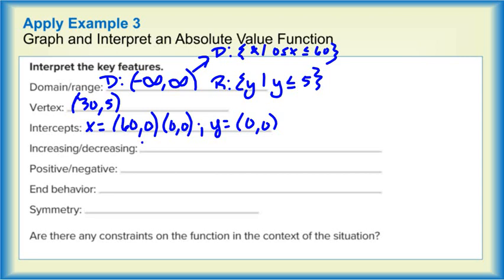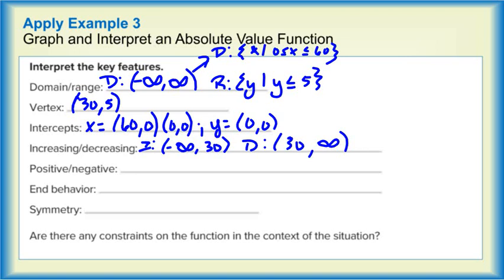Increasing and decreasing: it's increasing from negative infinity to 30, and then it's decreasing from 30 on to 60, or to positive infinity on the right-hand side. If we want to be more specific, we could say it's decreasing from 30 back down, but that's fine, what we have right here.